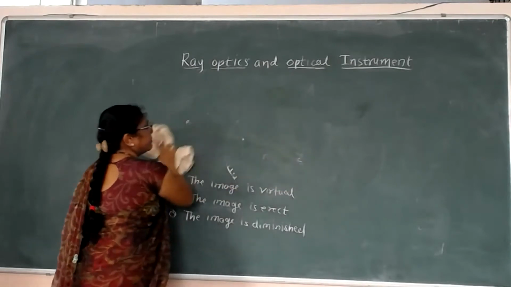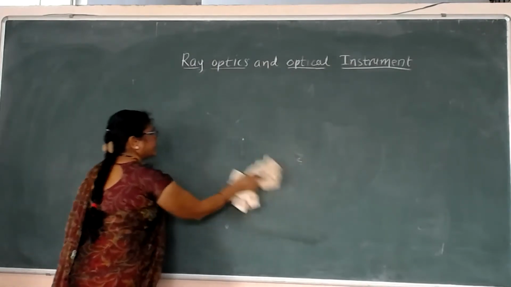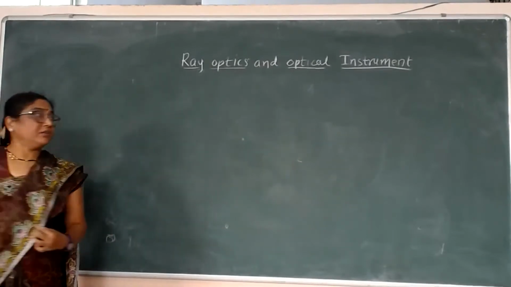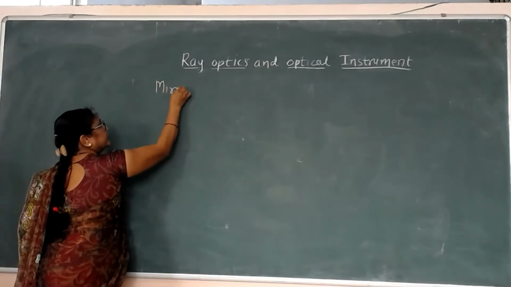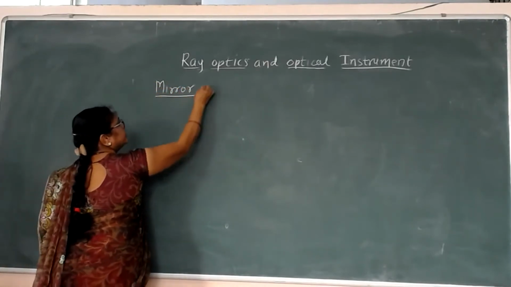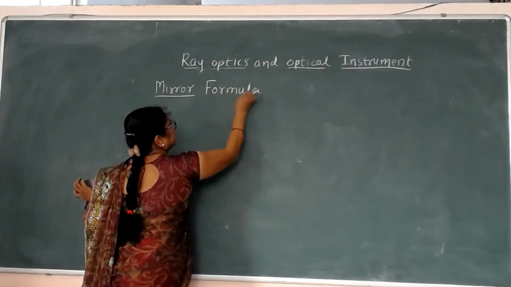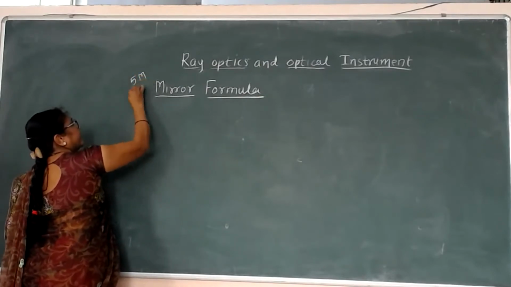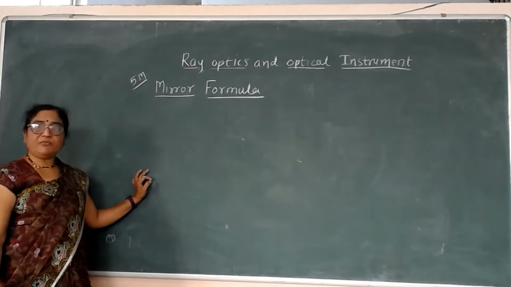Then next we study the mirror formula. Observe the relation between F, U and V, where F is known as the focal length.